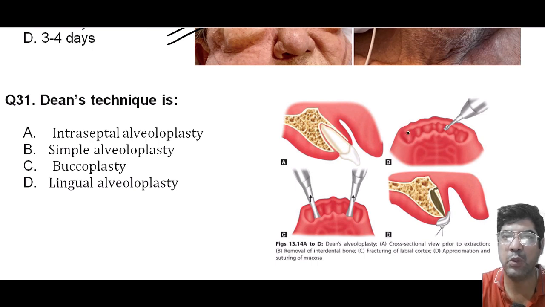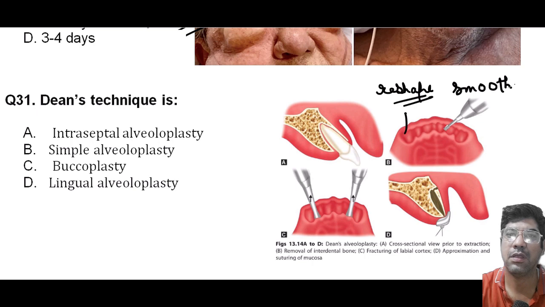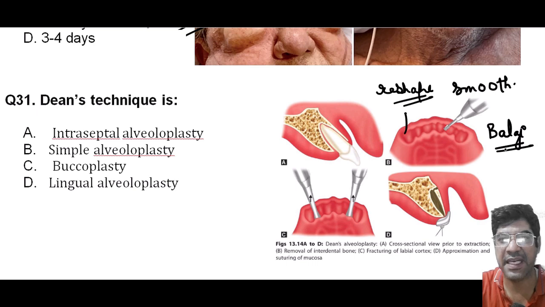That is done to reshape and smooth the alveolar ridge. This figure has been taken from the Balaji oral surgery. This technique is primarily done to create a more favorable and even ridge to ensure the proper fit and stability of the dental prosthesis.